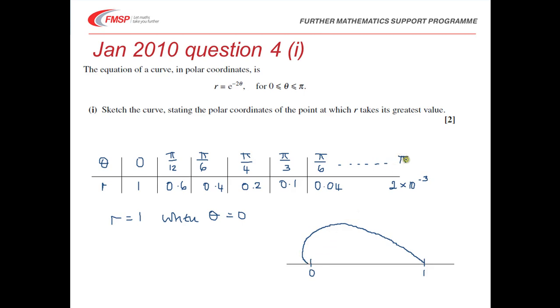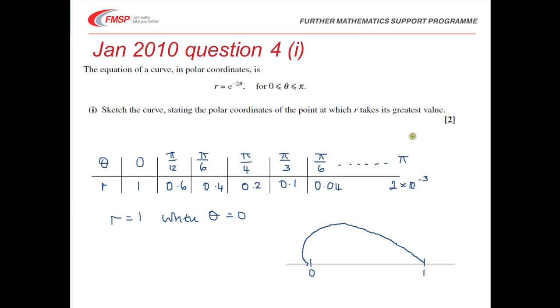And when theta is pi, this is very, very small indeed. Right? And notice, of course, that it doesn't go through the pole, because, of course, you can't have e to the power of anything being equal to nothing.